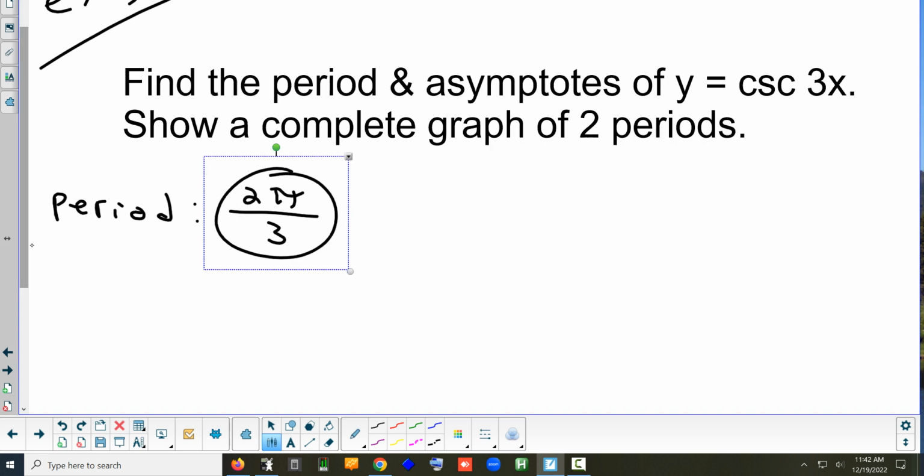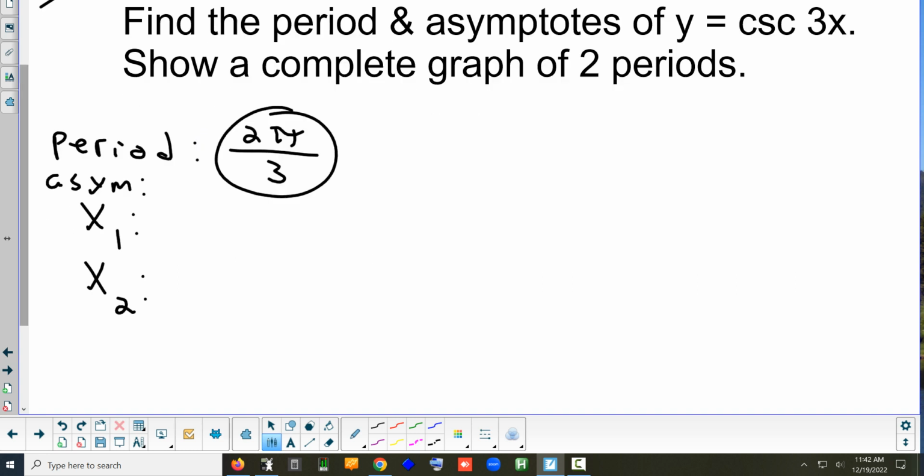Okay, asymptotes. How many asymptotes do we have per cycle? 2. Let's call them the first asymptote and the second. Actually, I'll write them as equations. X equals, because they're vertical.